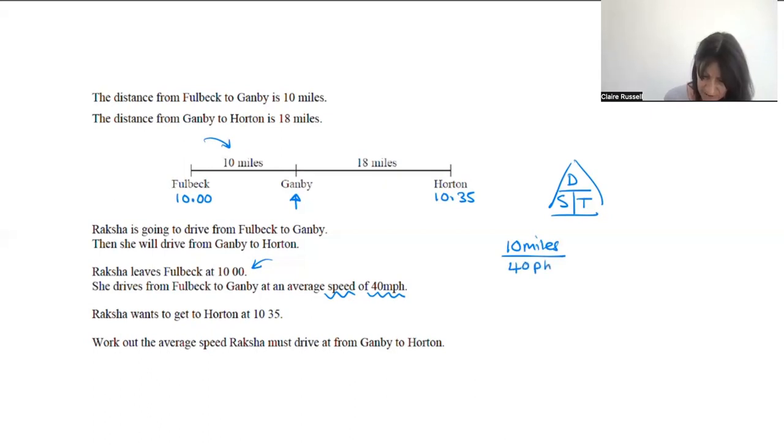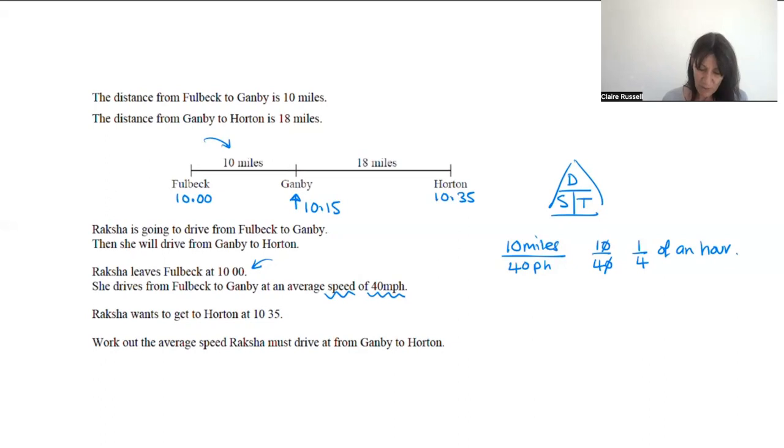Now, the fraction is obviously 10 over 40. That will cancel down to a quarter. A quarter of an hour is 15 minutes. So 10:15 is the time when we get to Ganby.